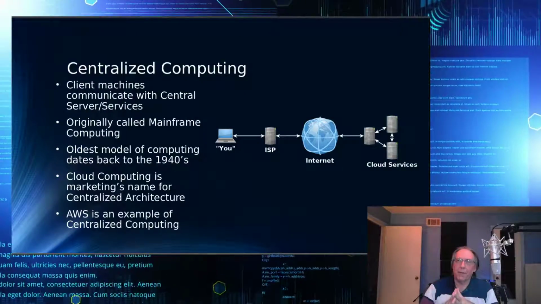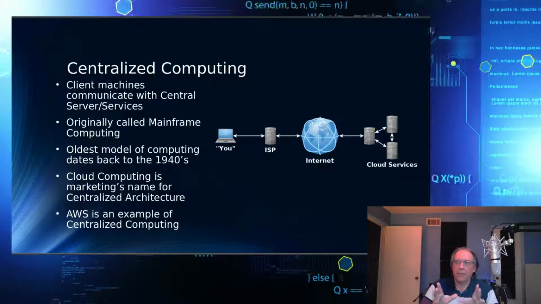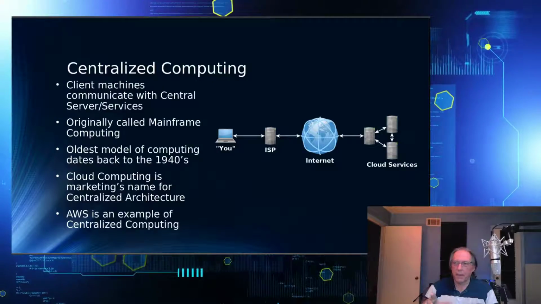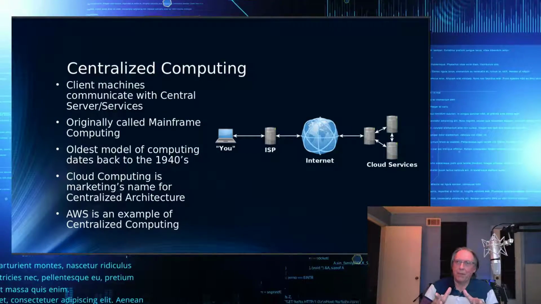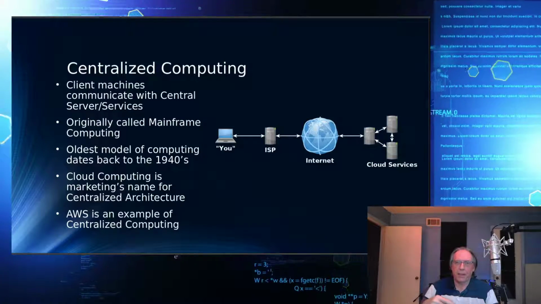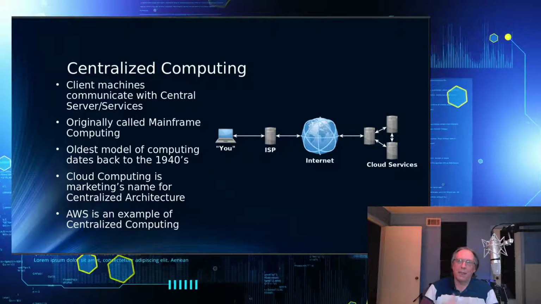So let's dive in. Let's take a look at centralized computing. Centralized computing is when a client machine talks to a centralized server. In the old days, that was a terminal. It was originally called mainframe computing, and it usually required some slow method of sending data to a mainframe and then getting it back.